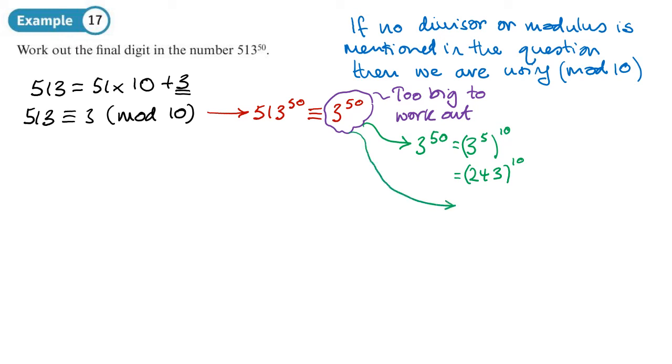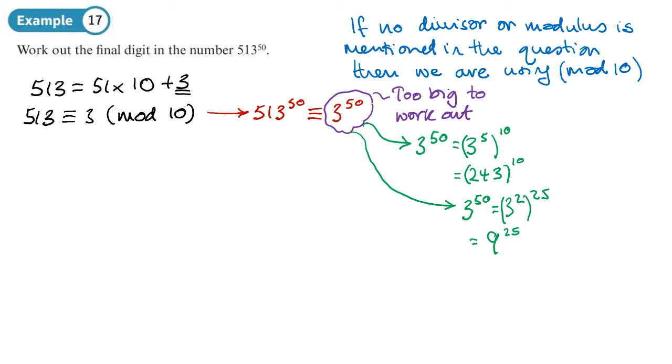Okay, is there a different way we could do it? What if we did 3 squared? So 3 to the power 50 is the same as 3 squared, and then 3 squared to the power 25. Now 3 squared is 9, so 9 to the power 25.